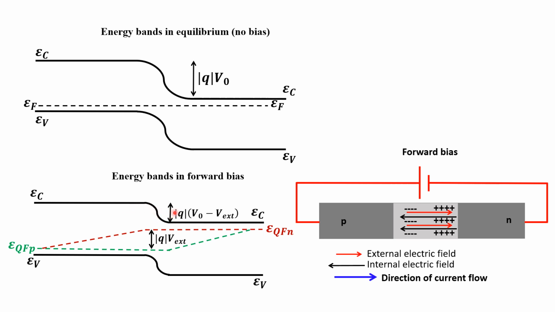But now I want you to notice that instead of having one Fermi level that is constant across the junction, as is the case in equilibrium, now we have two Fermi levels like we discussed in the previous lecture.